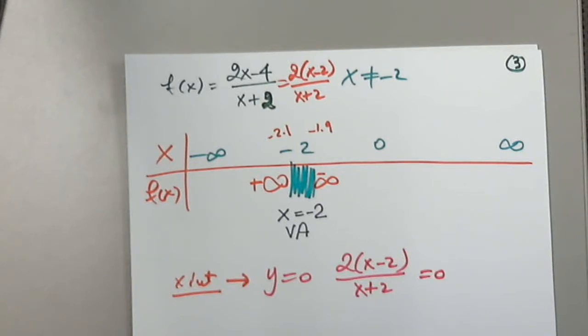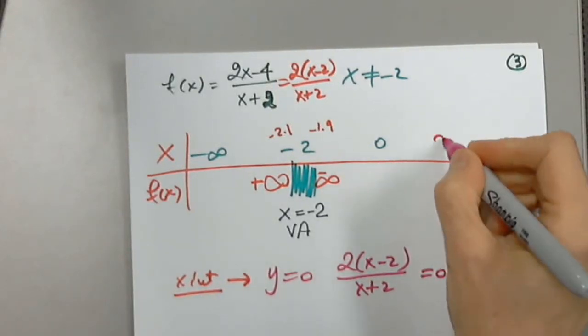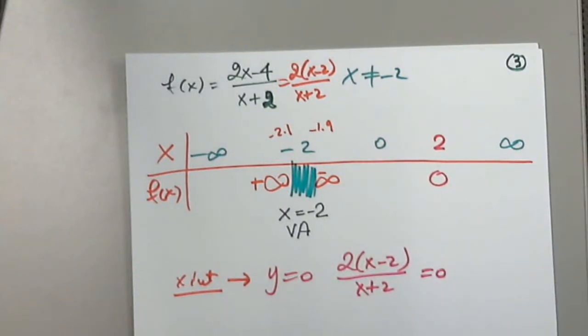When is a fraction 0? Of course, when the top is 0. When is the top 0 for this function? x equals 0? No, 0 minus 2 is not 0. -2? -2 minus 2 is not 0. 2, indeed. When x is 2, y is 0.